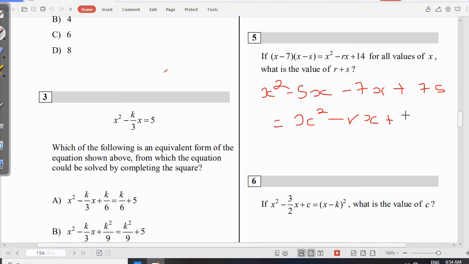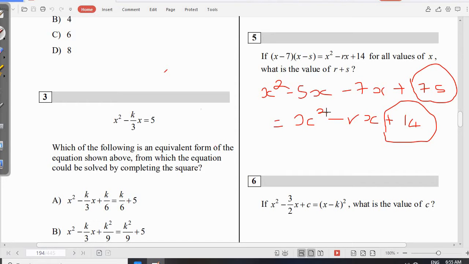Now, how do I know that we have got the answer already? Look at this. The constant term 7s must be equal to the constant term 14. Constants must be equal, and even the coefficients of x must be equal, because x squared is x squared here. If both were not x squared, say 2x squared, then we would first divide everything by that coefficient of x squared, so that the x squared looks like the other one's. We call it relational math.